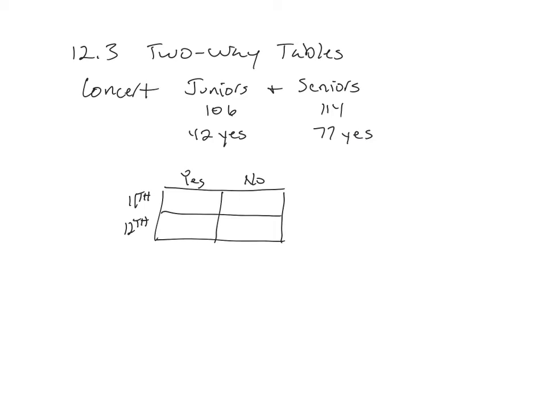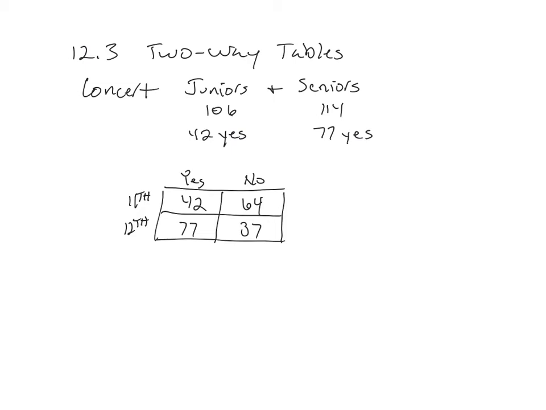So the juniors that said yes were 42, and the seniors that said yes were 77. And then it doesn't tell you no, but it told you that 106 juniors were polled. So if you just subtract them, 64 said no, and 37 of the seniors said no.